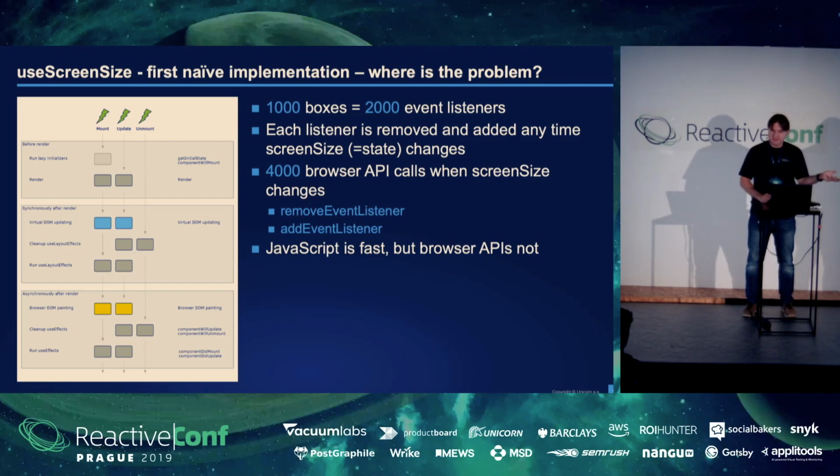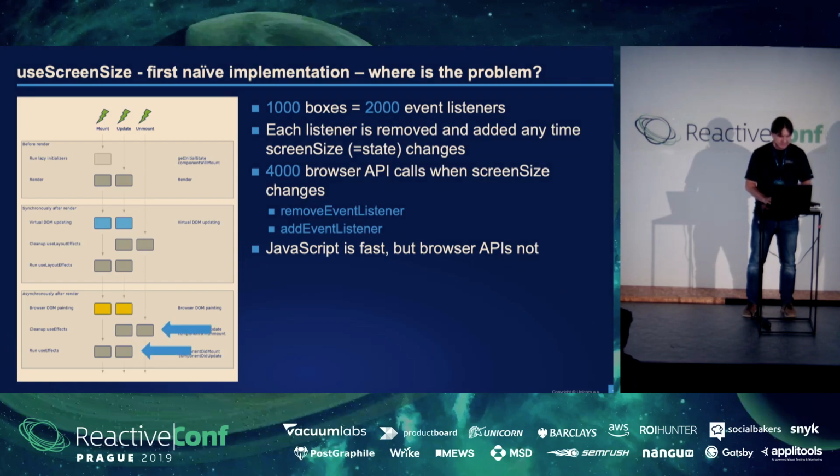So what we actually created is that anytime a component re-renders, it will remove event listeners from the browser, like 2,000 of them, and it will add 2,000 new event listeners to the browser. And I told you, JavaScript is blazing fast, but browser APIs are not. So this is our bottleneck. This is something which takes a lot of time.